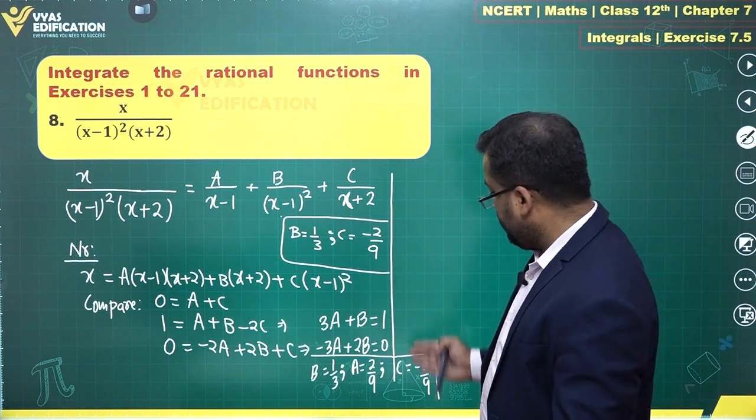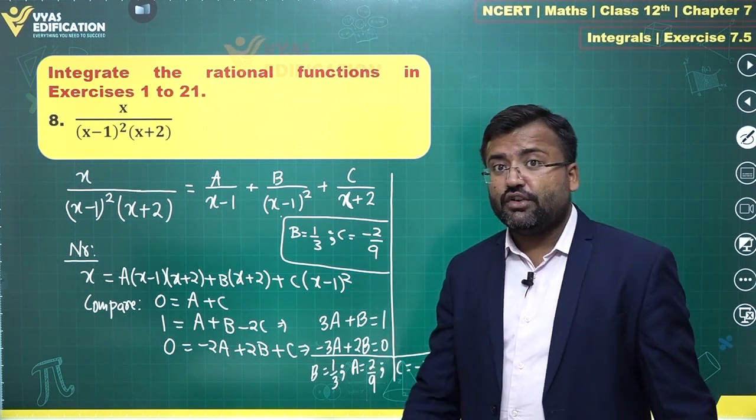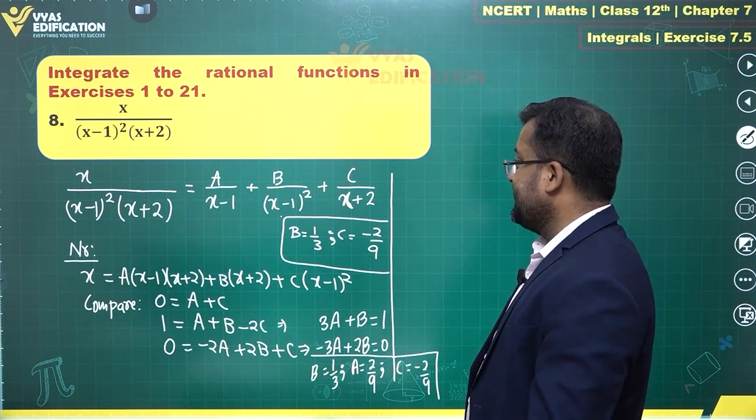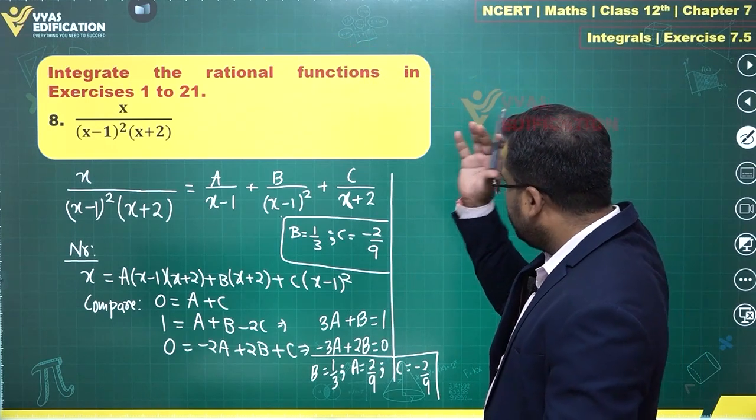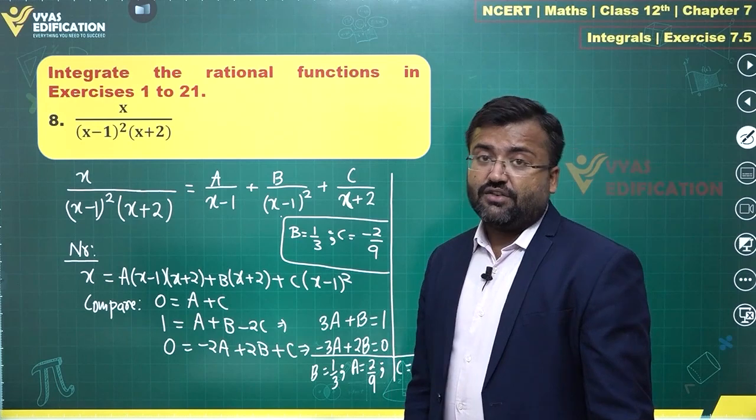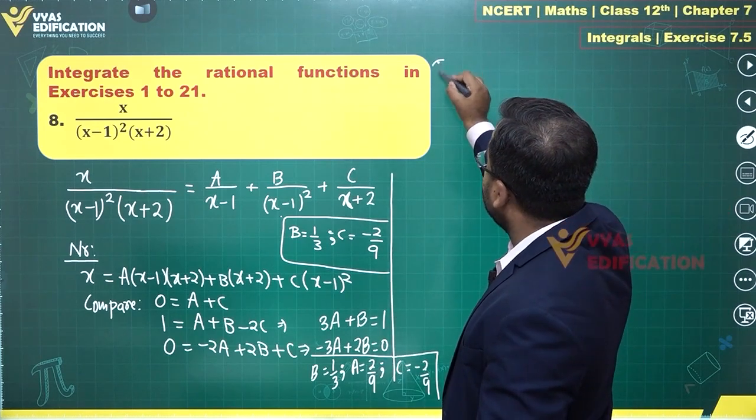Oh, c is equal to minus 2 by 9, we found that. b is equal to 1 by 3, we already found that using a shortcut approach. Yes, right. So this is the complete partial fractions. Okay, this is the step of partial fractions.